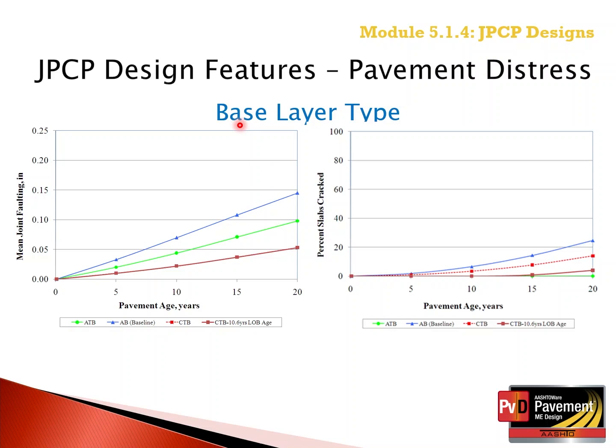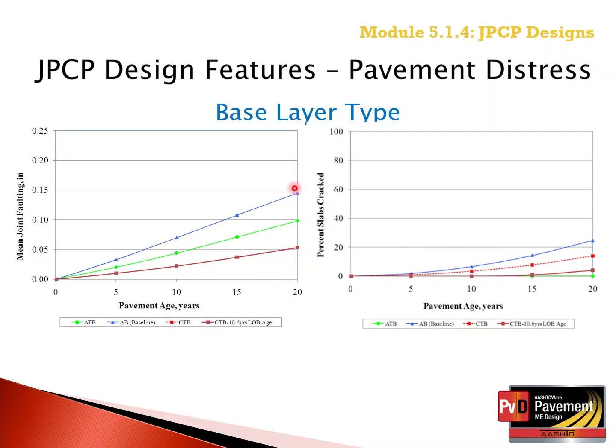Selecting base layer types with higher resilient or dynamic modulus values, like asphalt base mixtures, will reduce the tensile stresses at the top and bottom of the concrete slab, and thus reduce percent cracked slab.